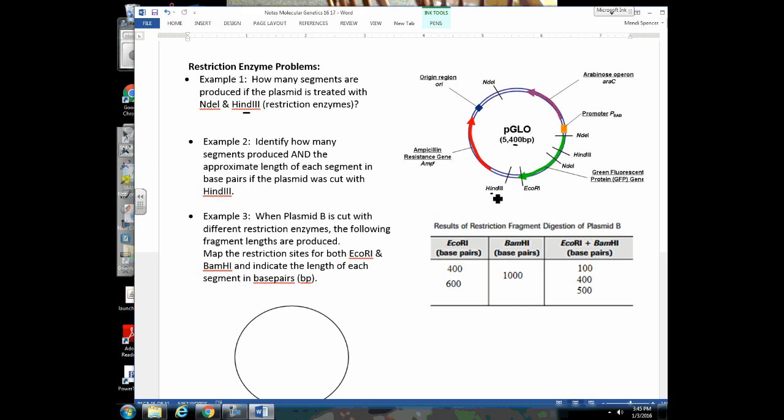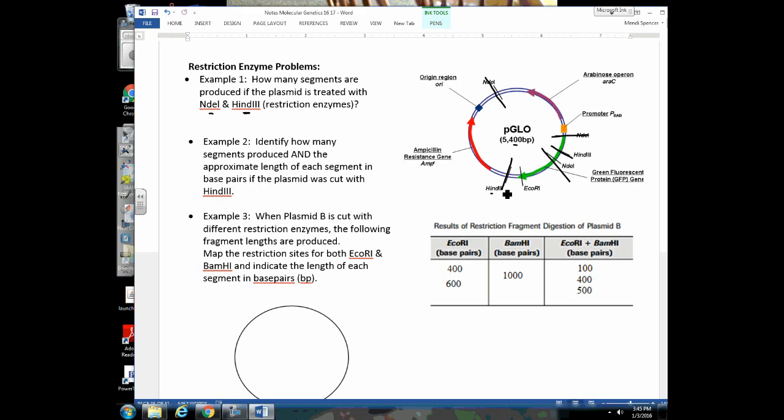So if we treat it with, let's do this first one, we'll call it EcoRI. So here's the restriction site. So this restriction enzyme is going to cut the plasmid here, here, here. And if we treat it with HindIII, it's going to cut here, here, and that's it.